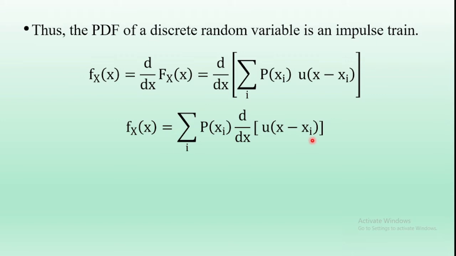The derivative of the unit step function is the unit impulse function. Similarly, d by dx of u of x minus xi is the shifted unit impulse function, that is del of x minus xi. Therefore, for a discrete random variable, the probability density function is fx of x equals sigma i p of xi into del of x minus xi.